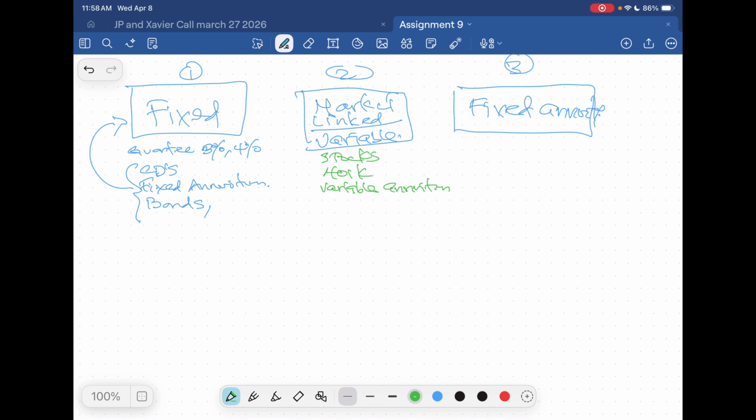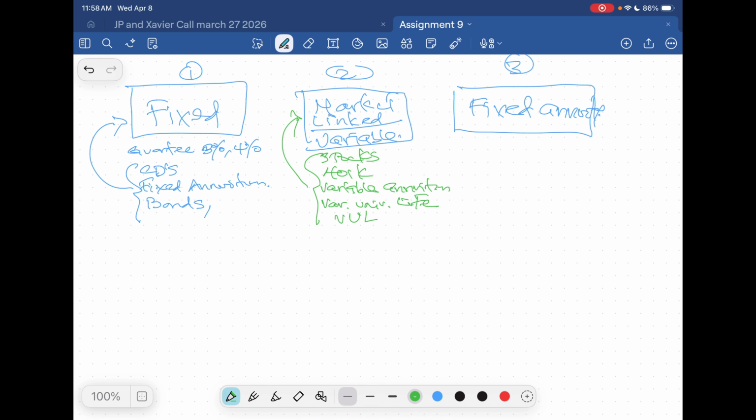It could be variable universal life products, also known as VUL. So all of these fall under this market-linked variable.